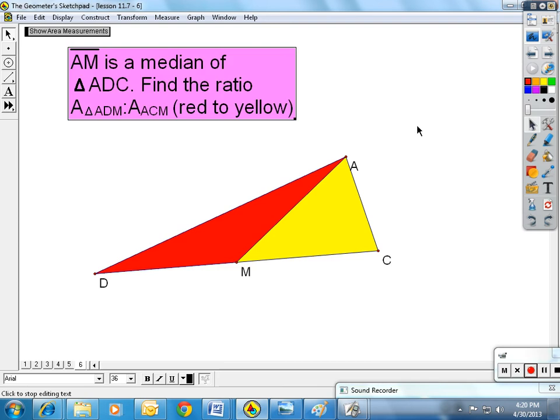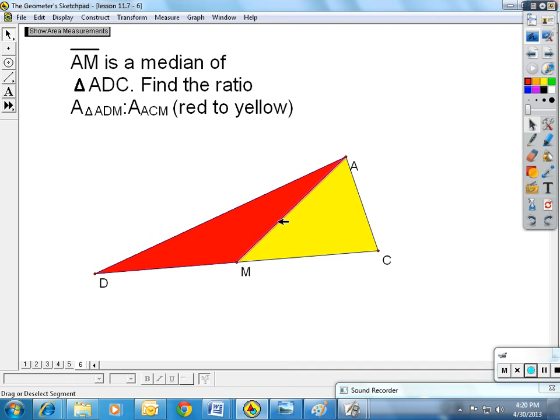There we go. So AM is a median. What does a median mean? It means it divides the base into congruent parts. So these are congruent, right? It's on the midpoint.